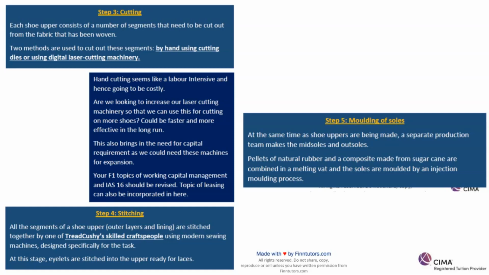Pellets of natural rubber and a composite made from sugarcane are combined in a melting vat, and the soles are molded by an injection molding process, which means the rubber is soft obviously when it's melted, and then the shape is given to it. That is what the injection molding process is about. I just put it in my own words for you to understand it.